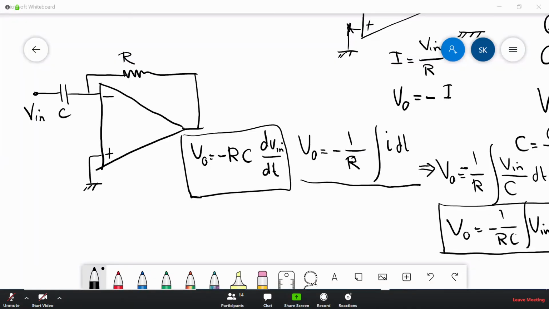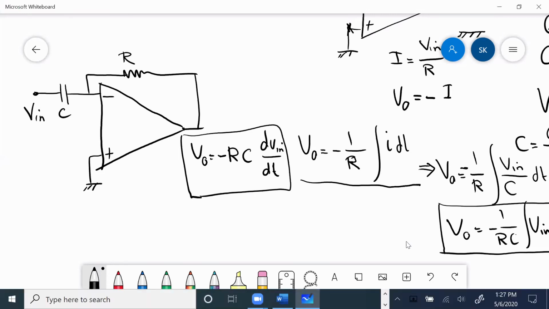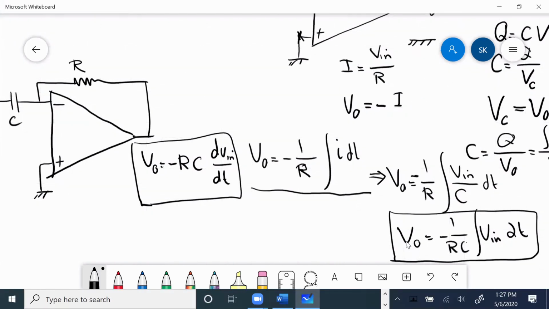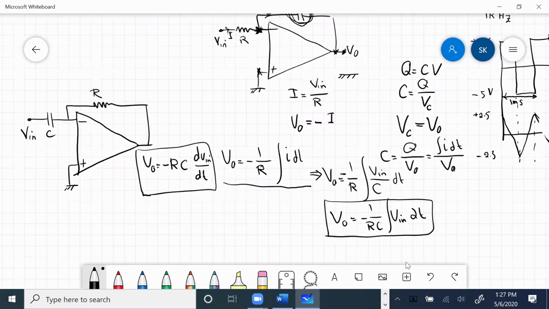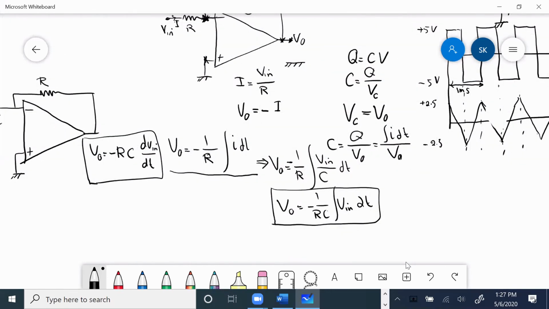Right, okay. So you said V out equals negative 1 over R times the integral of I dt. Then you replaced I with V in over C?